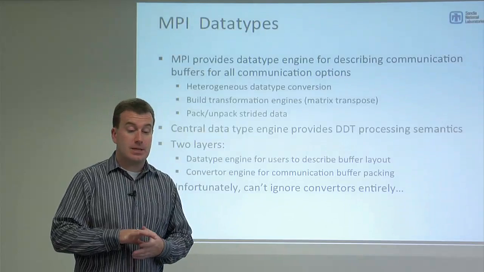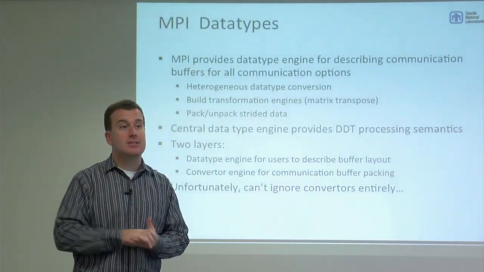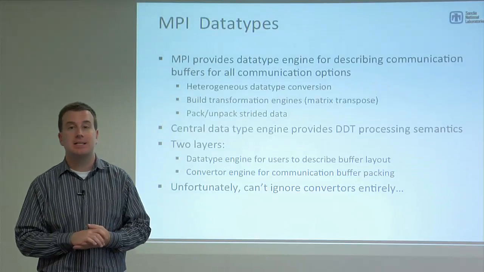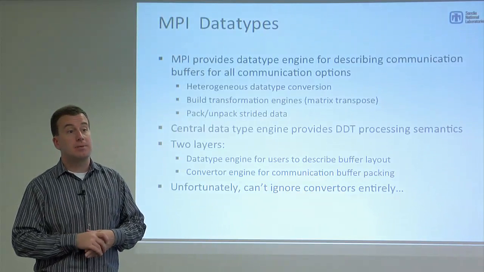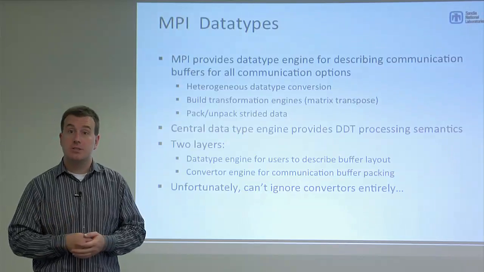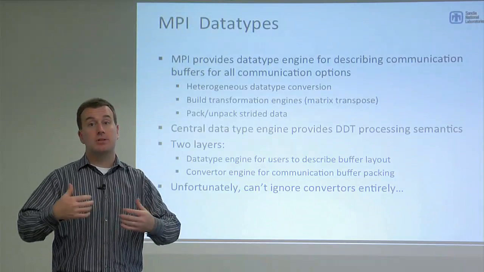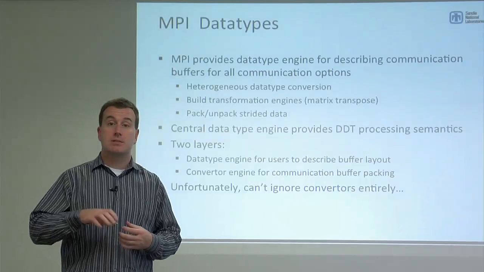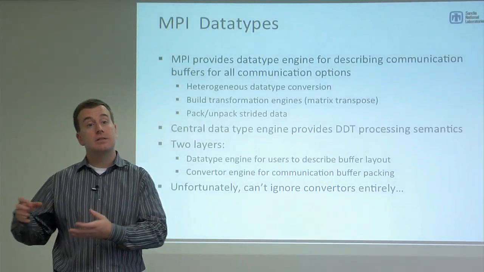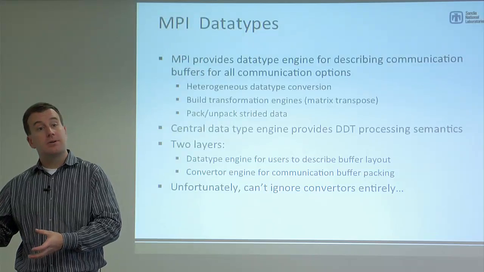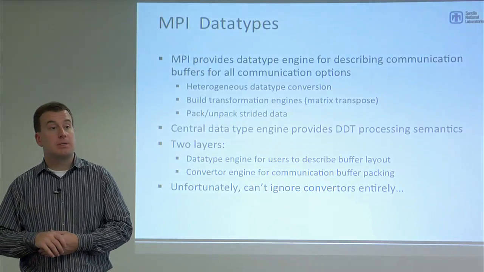So one of the other high-level things that we have to know about are MPI data types. So MPI, like I said, is all about messages. So you describe the buffer you want to be sent as a single message, and then on the receive side, you say, okay, I want the data delivered here when the message arrives.